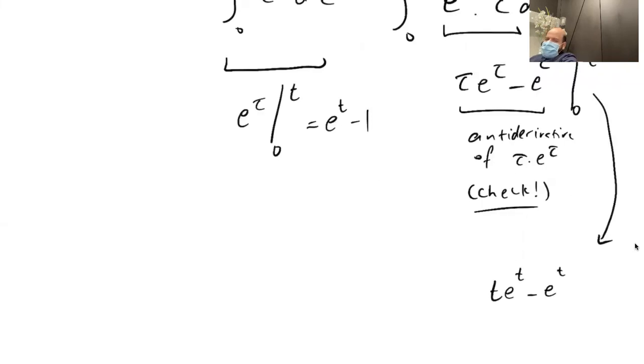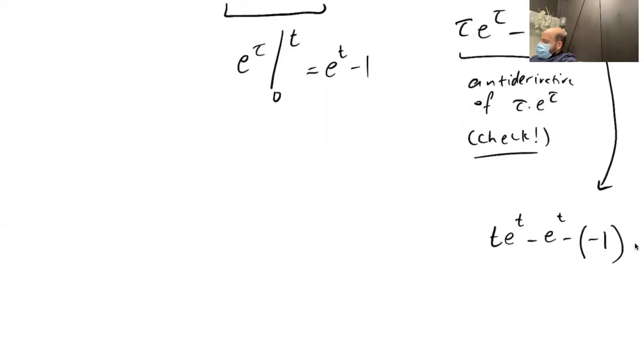So this is the evaluation of this function at t. Then minus, I need to evaluate it at 0. If I evaluate it at 0, I'll get minus, so 0 e to power 0, that will be 0. So minus 1.